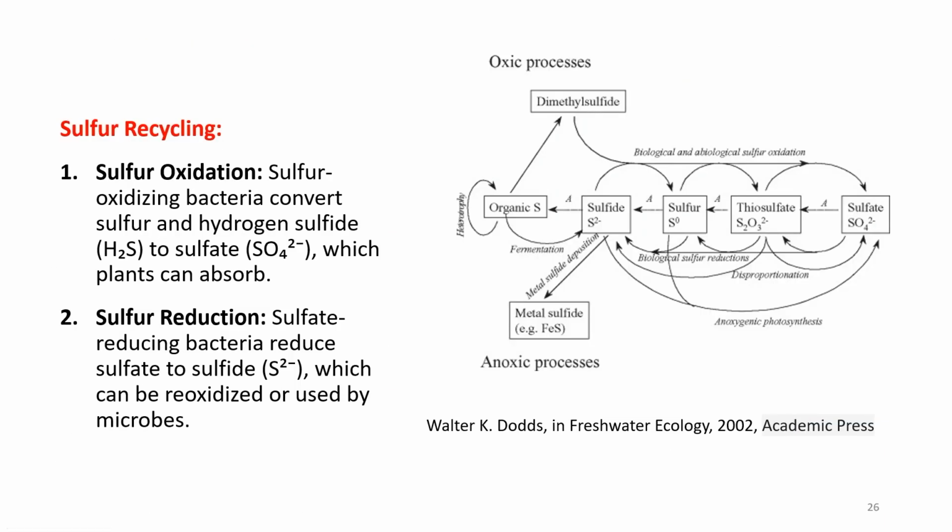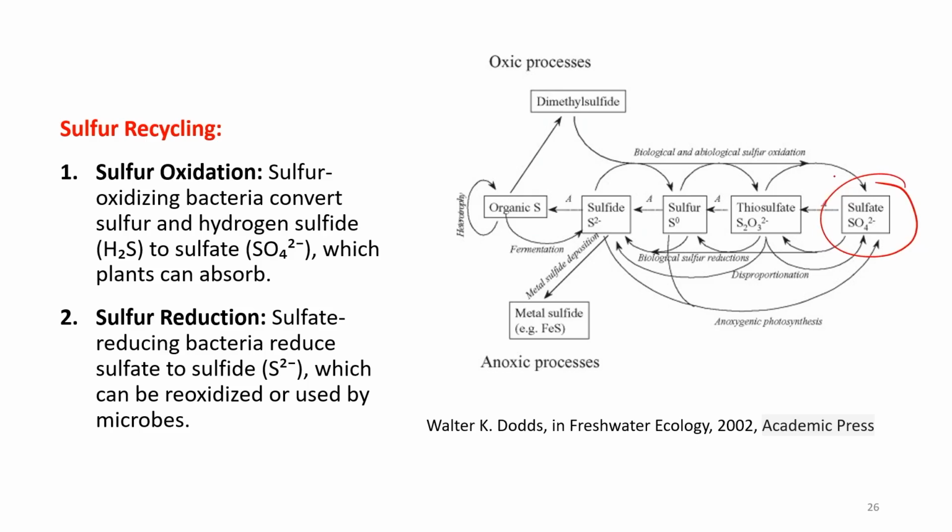The next important thing is sulfur recycling. We have two processes over here, the oxic processes and the anoxic processes. In sulfur oxidation, sulfur oxidizing bacteria convert sulfur and hydrogen sulfide to sulfate, which plants can absorb easily.